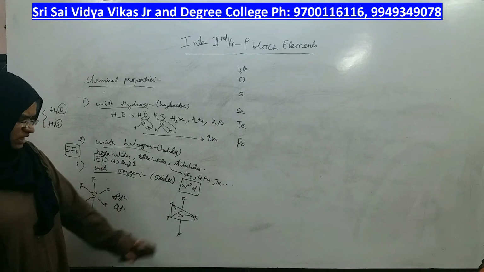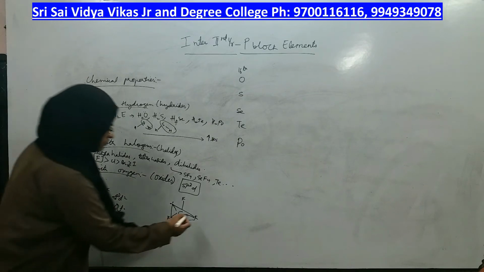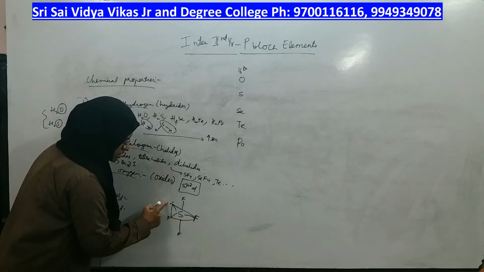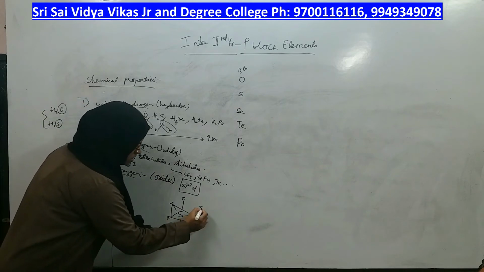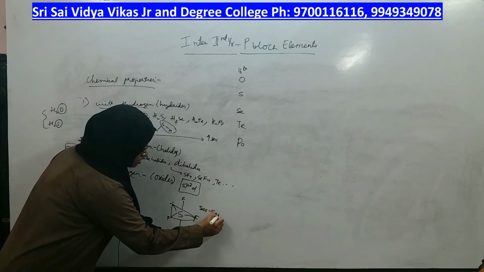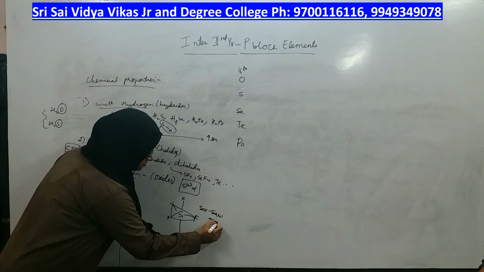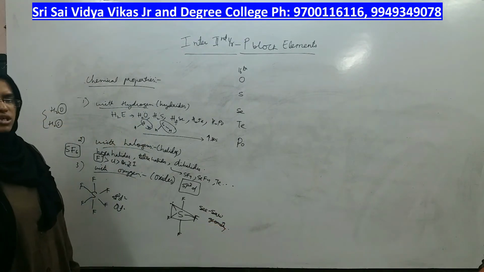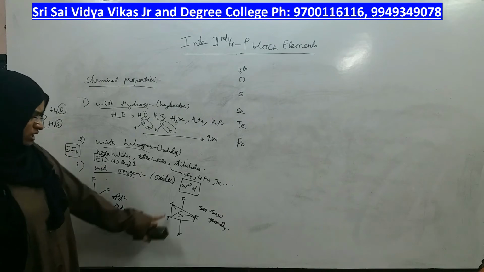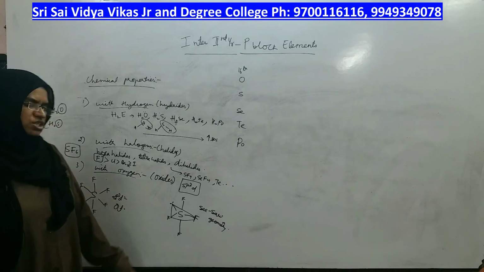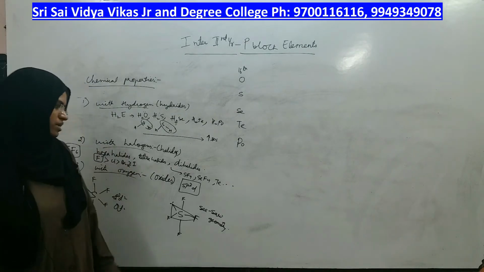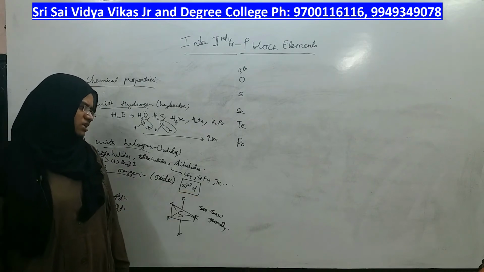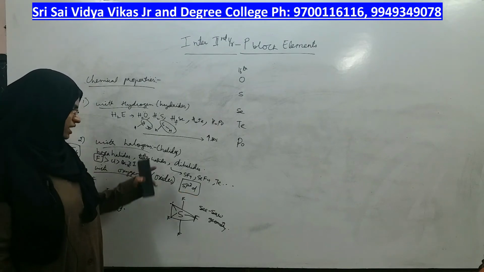If in the trigonal bipyramidal, one of the equatorial positions is a lone pair, it is called seesaw geometry. It should be trigonal bipyramidal, but because there is a lone pair, it changes into seesaw geometry. Hybridization is sp3d. Tetrahalide we have taken.